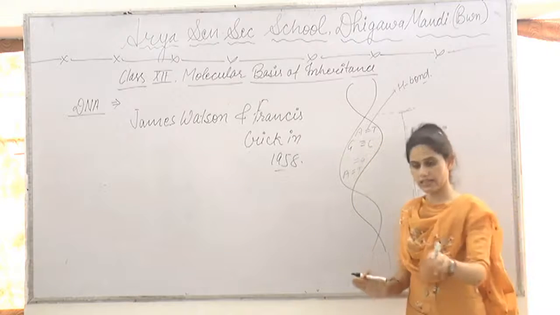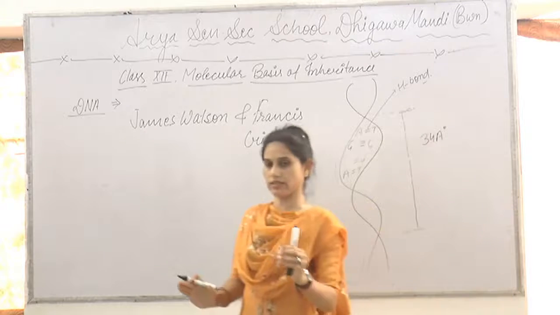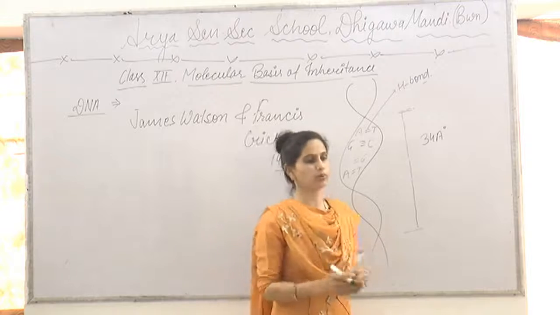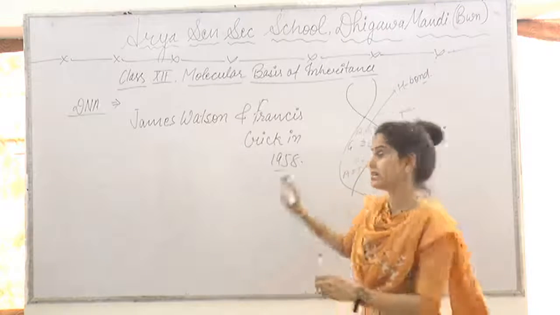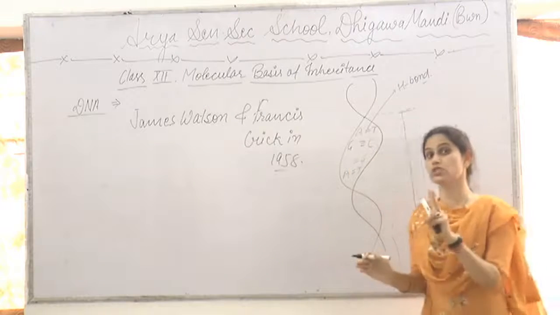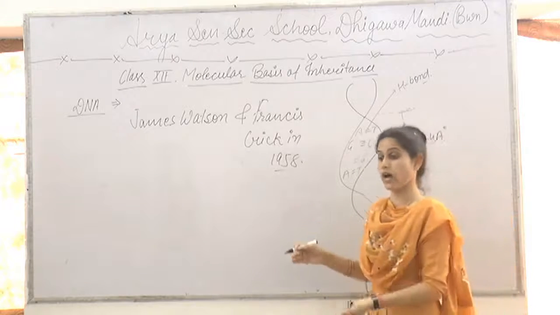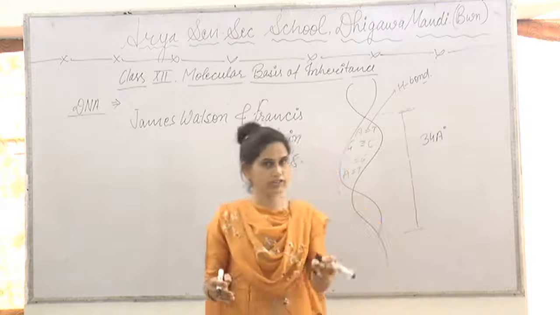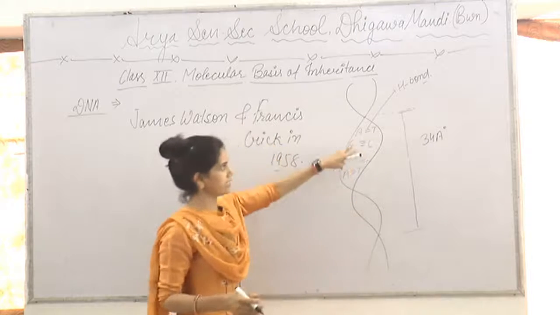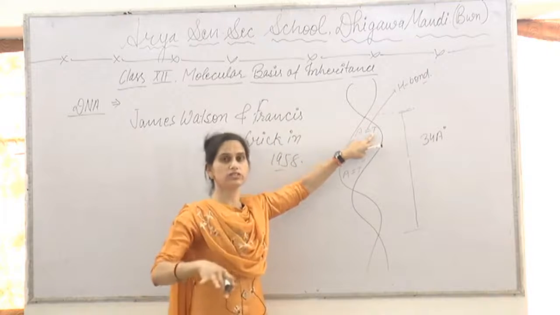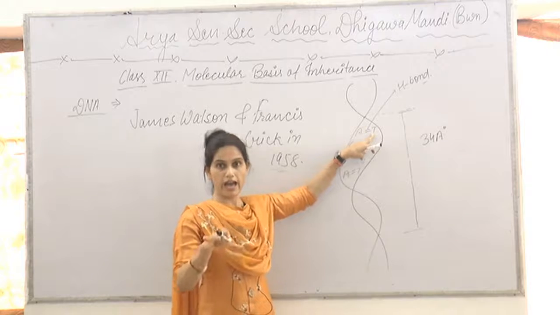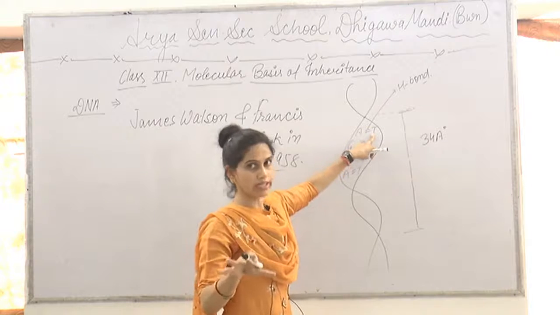In the last topic, I discussed why there are 2 bonds in the case of adenine and thymine and why there are 3 bonds in the case of guanine and cytosine. Because the chemical structure of adenine and thymine has 2 bonding sites.